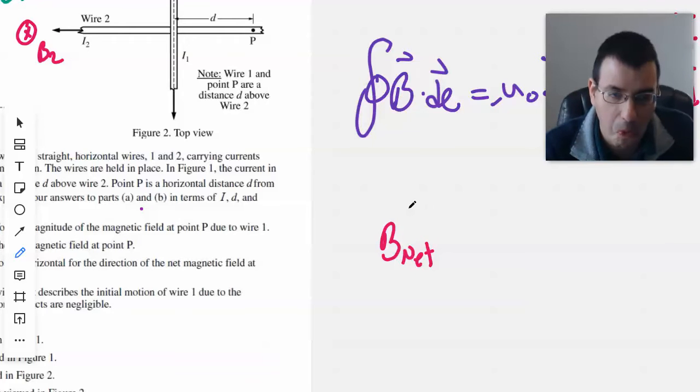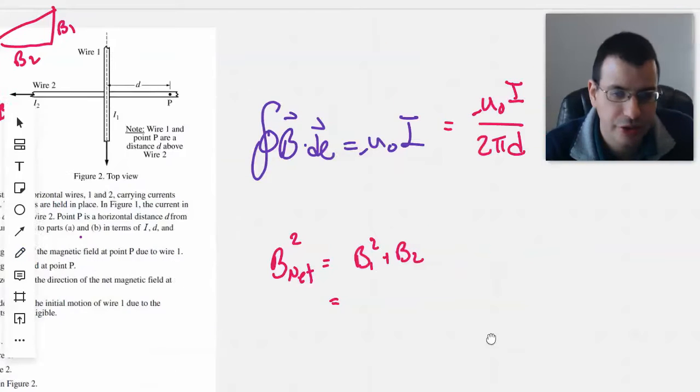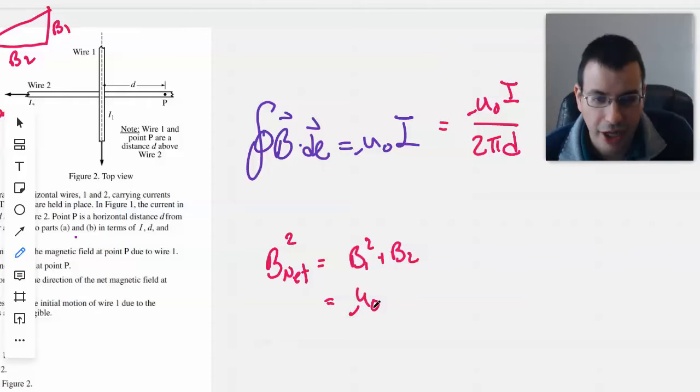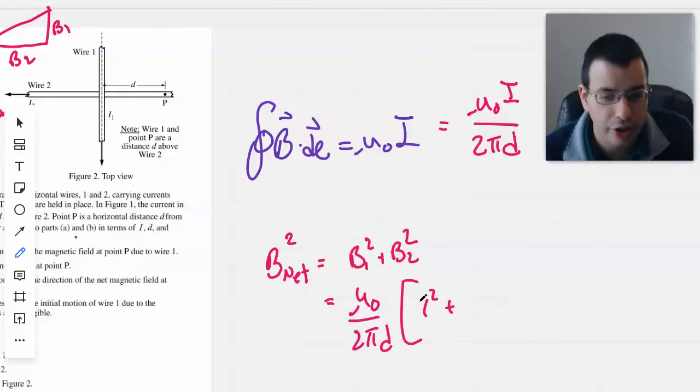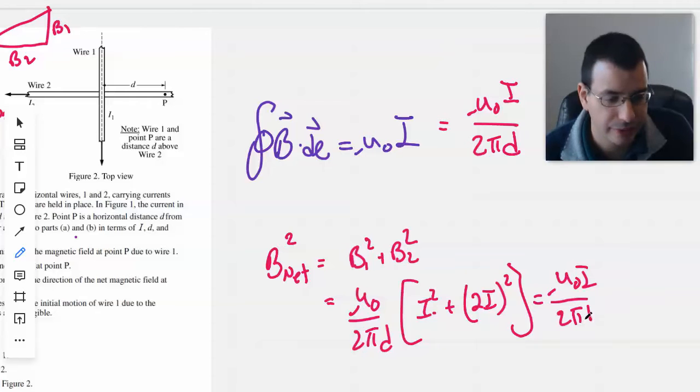So B net squared equals B1 squared plus B2 squared, which is mu naught over 2 pi D times, let's see, we got 1 squared plus, I'll do it this way, I squared plus 2I squared, which equals mu naught I over 2 pi D. And this is all actually supposed to be squared as well.